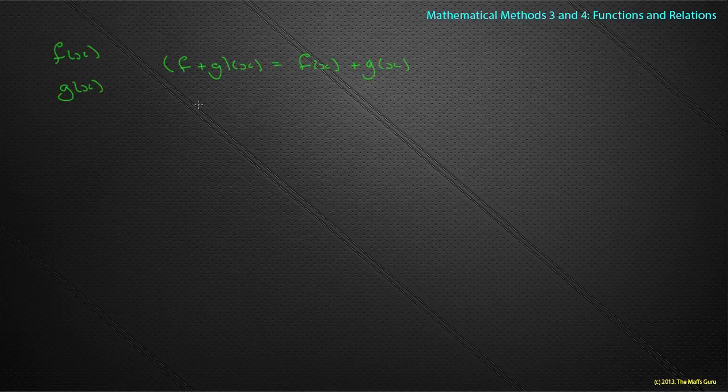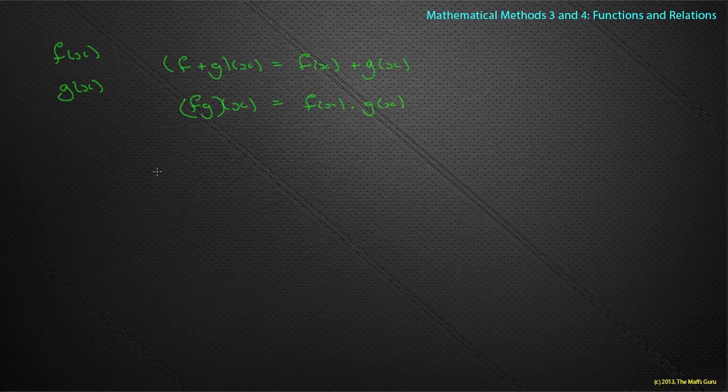And if you want to find fg of x, which is when you are multiplying them together, then that's the same as f of x multiplied by g of x. Something to note is that the domain of both f plus g and fg is the intersection of the domains of both of them, right? So these are only valid for the parts of the domains where they intersect.